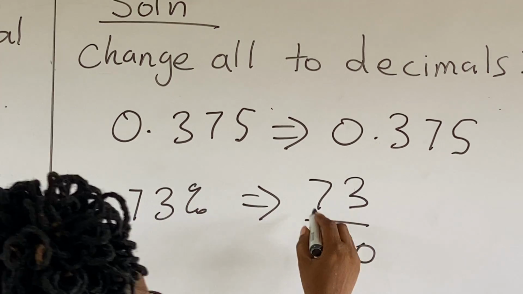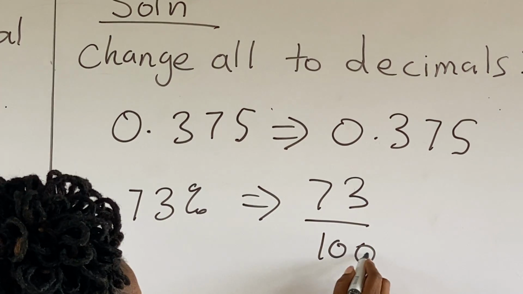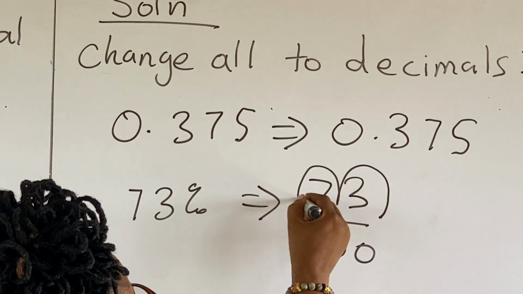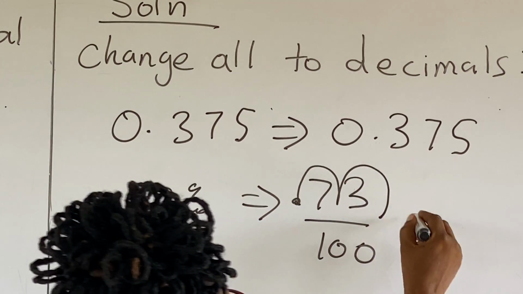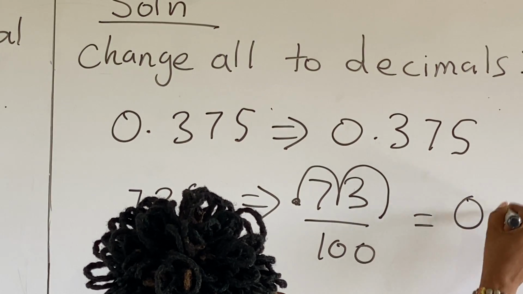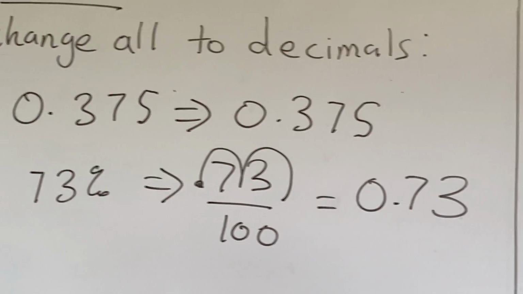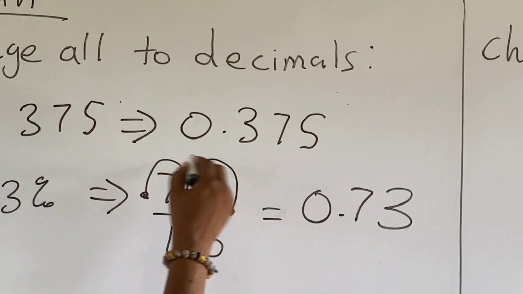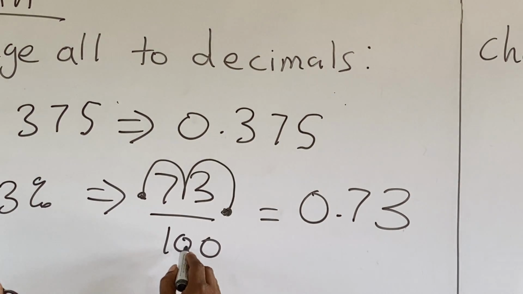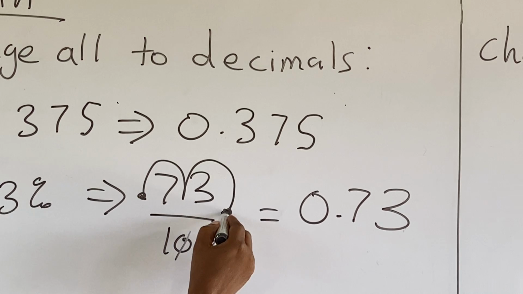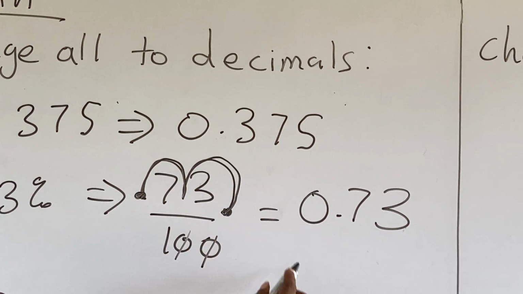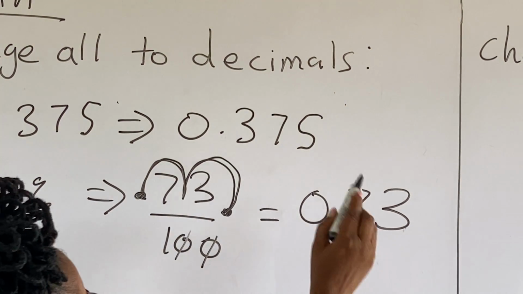And when you divide 73 by 100, because of the two zeros, you move from right to left. So we are going to get 0.73. We assume the decimal point is behind the 73. And because of these two zeros, we are going to move 2 times. So 73% will become 0.73.